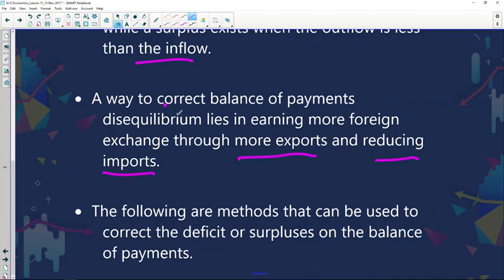And that is a measure that can be used to correct the balance of payments disequilibrium. The following are methods that can be used to correct the deficit or surplus on the balance of payments. So let's have a look at these methods.